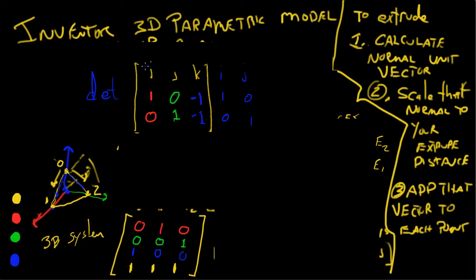I'm going to take these three minus these three, and you're going to see that this is going to get us a vector. So plus is along those diagonals, minus along those diagonals. Then do the same for these three minus these three, and then these three minus these three.